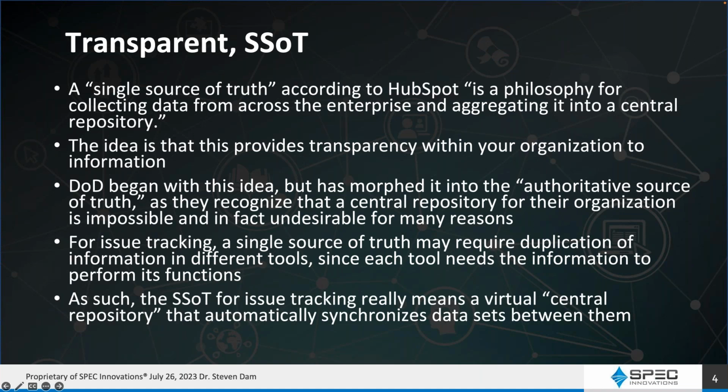Again, the single source of truth may really be a virtual central repository. The key is to make sure that if you have duplicated information or information related to each other, those relationships or duplications are somehow synchronized.